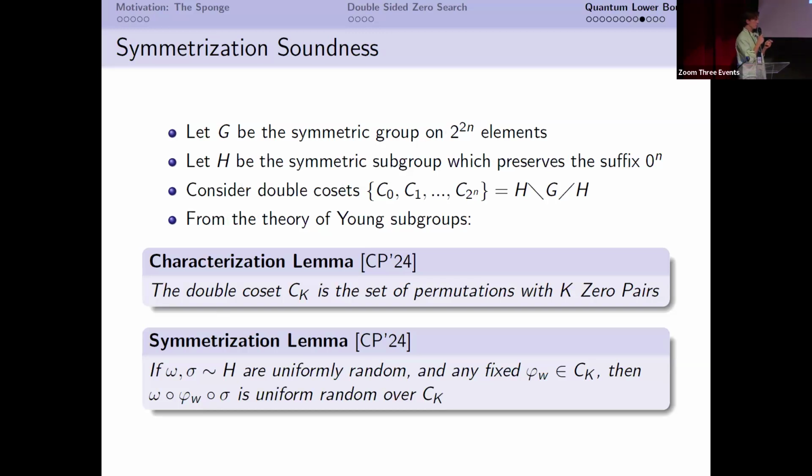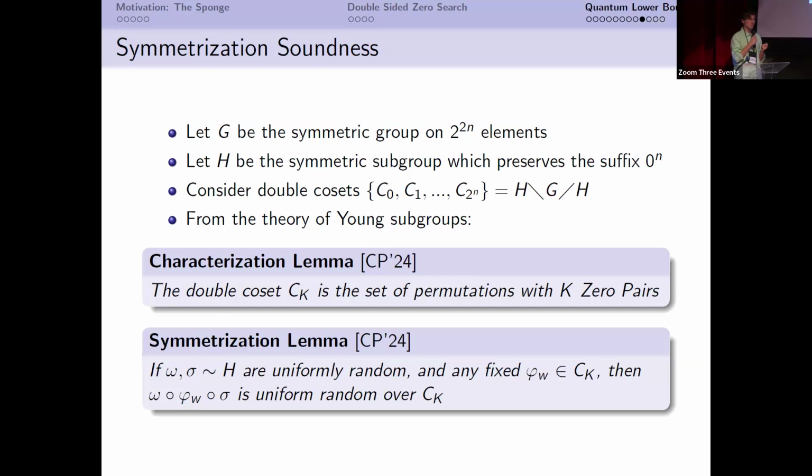I've labeled the double cosets, which are just sets of permutations that we've partitioned the symmetric group into. We label one C sub k if it's the set of permutations that have exactly k many zero pairs.